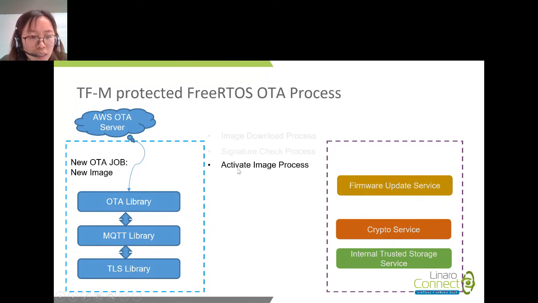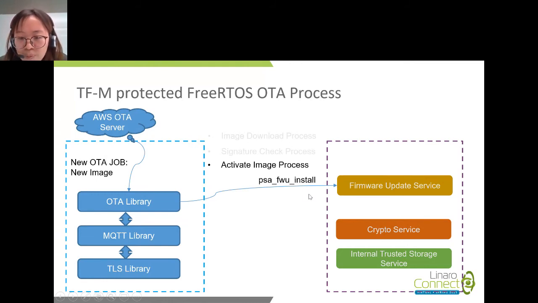Then after the signature check process, the OTA library starts the activate image process. In this process, it calls the install interface to start the installation of the image.